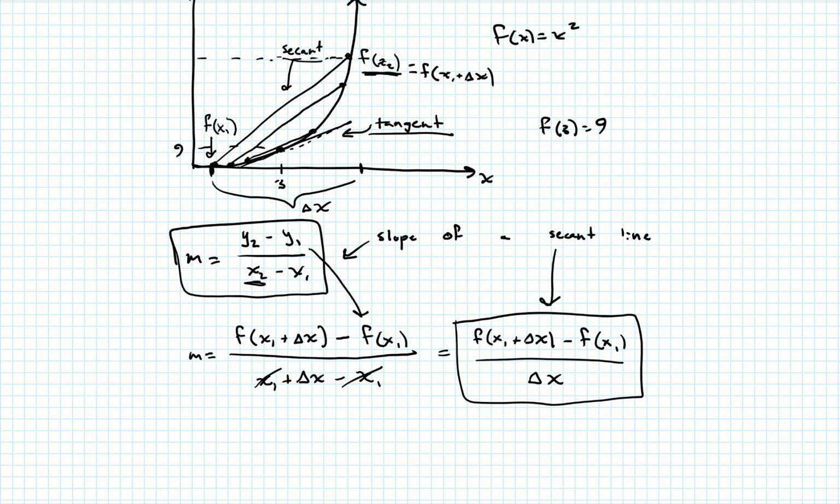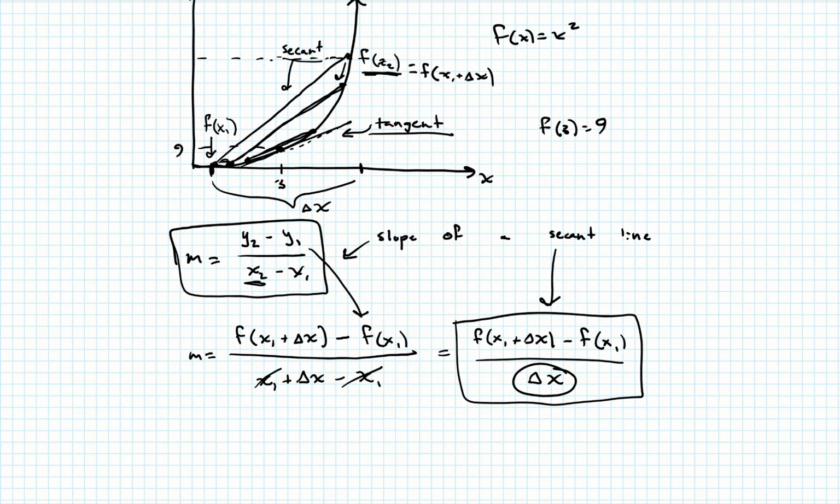So I want to approximate the tangent line. What we can do here is take the limit, but this time not with respect to x, but with respect to delta x. Because we want this line to get closer and closer to a tangent line. If we get these points closer and closer together, you can see that this line here has a greater delta x than this line, and this line has a greater delta x than this one.